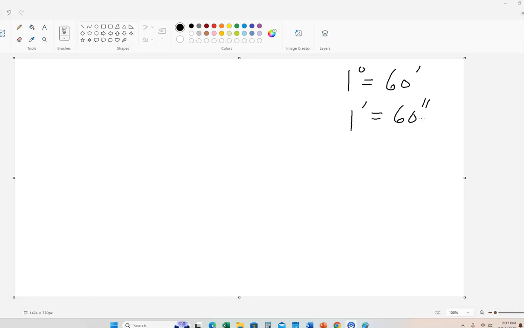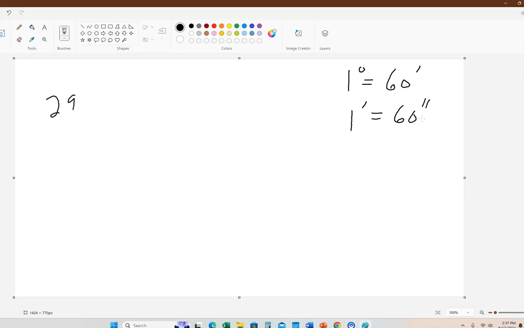For example, I'm going to do two different conversions here. Let's say I had 29.7 arc minutes. Let's say that's my angle. Very traditionally we call angles Greek letters in the sciences, so that angle is theta. You can use alpha, you can use beta, or things like that.